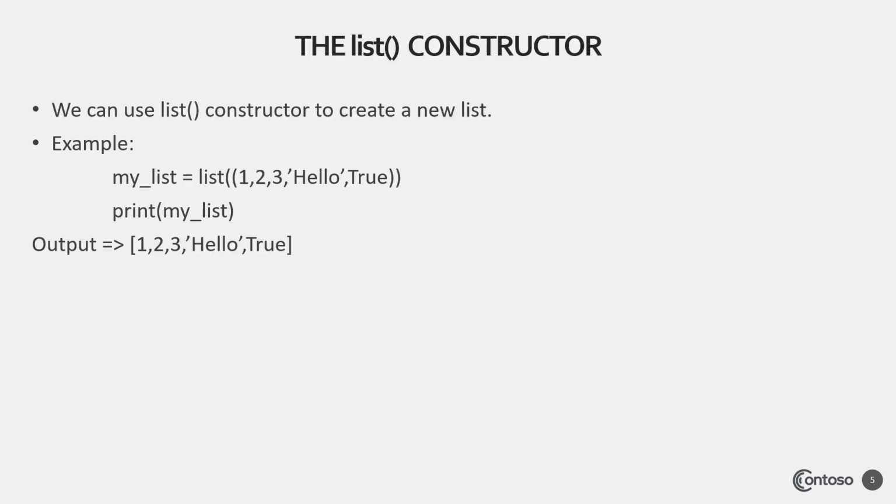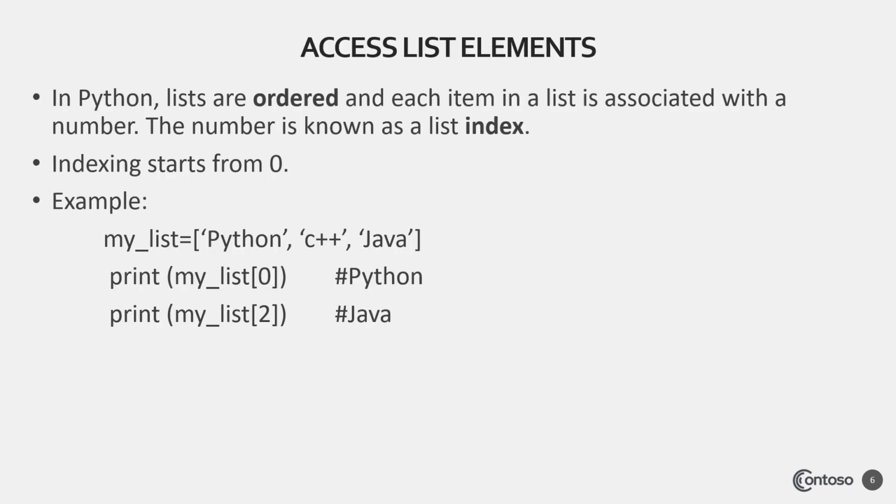The list constructor. For creating a new list, we can use the list constructor. In the given example, we create a list, my_list, using the list constructor, and inside the brackets we give the elements which we want to include in the list, and so we print out the list and the output is displayed as a list.